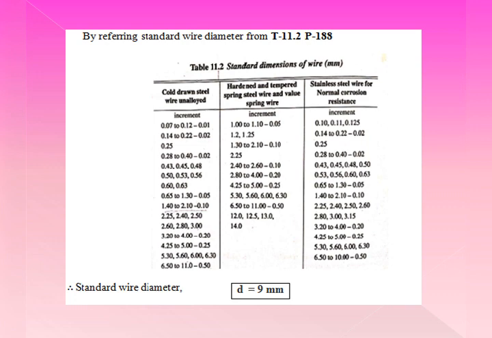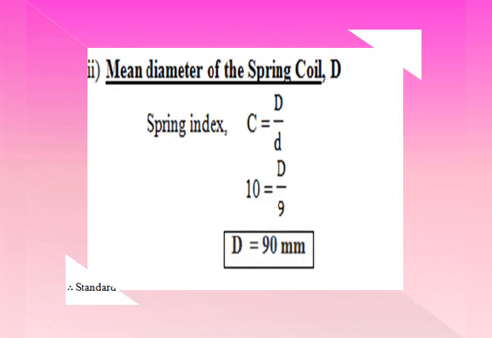As per the value we have got, 8.867, the nearest value is 8.5 or 9. We have to always go for a safer design, meaning the diameter d is supposed to be higher than 8.87, that is d is equal to 9 mm, that we have to select. This is the value of wire diameter, d is equal to 9 mm. This finalization we have to do.